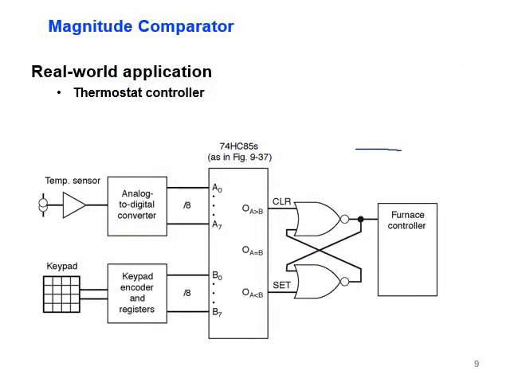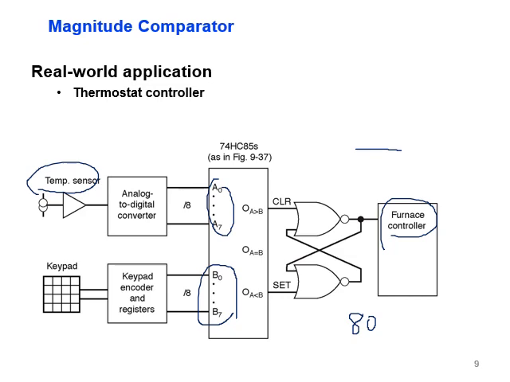In this application, let's assume that the temperature in the furnace is 80 degrees, which is equivalent to the number here, reflecting the 80 degrees. The temperature sensor, used to measure the temperature inside the furnace, is represented by A. This is B and this is A. Let's assume that the temperature was 78.